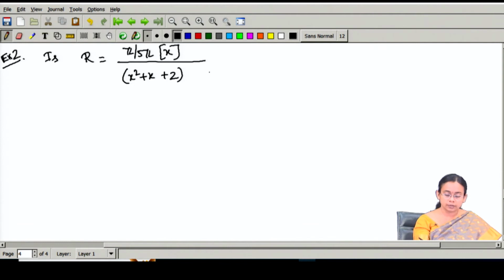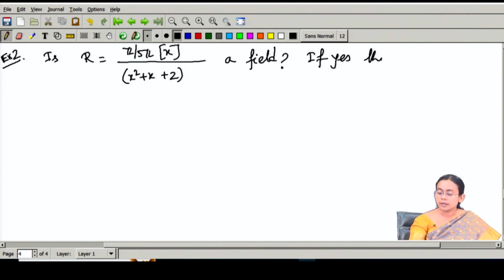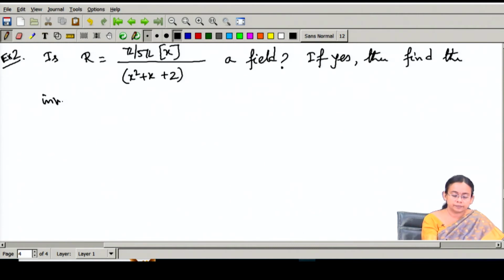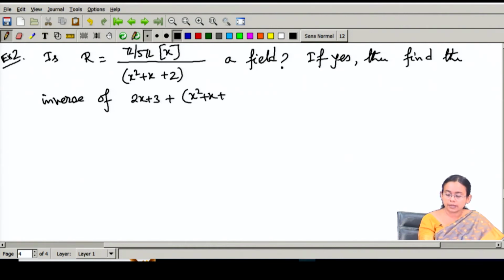And more specifically, is it a field or not? That is the first question, and if yes, then every non-zero element will have a multiplicative inverse, and in that case, if the answer is yes, then find the inverse of the element 2x plus 3 plus x square plus x plus 2.